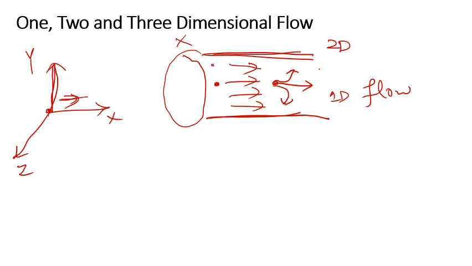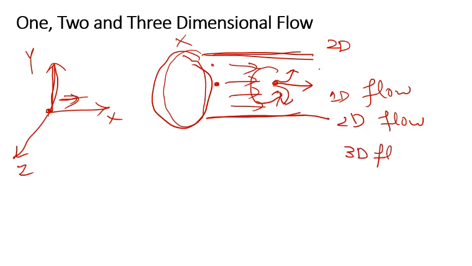So if it is moving in those directions, then that is termed as two dimensional flow. And if we also consider the circular effect, then that fluid particle can rotate, or this particle can go anywhere, right? So in that case, this is termed as 3D flow.